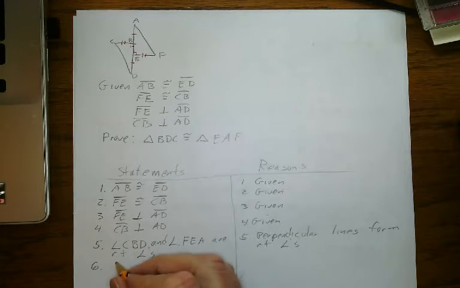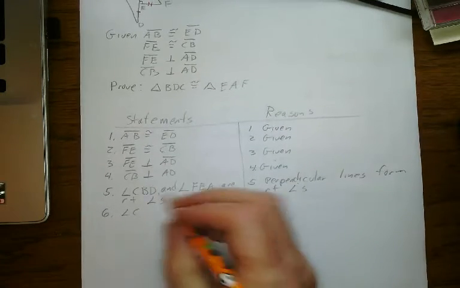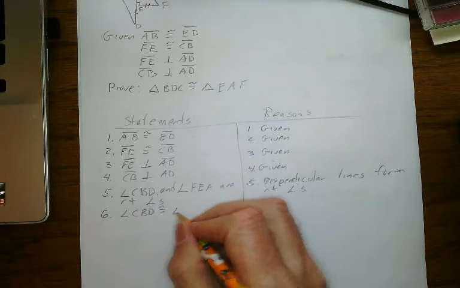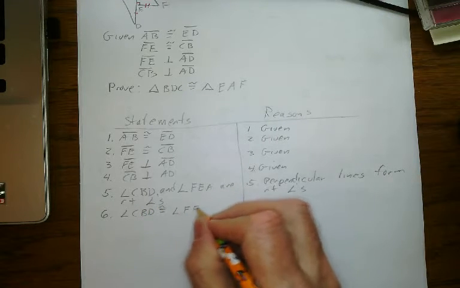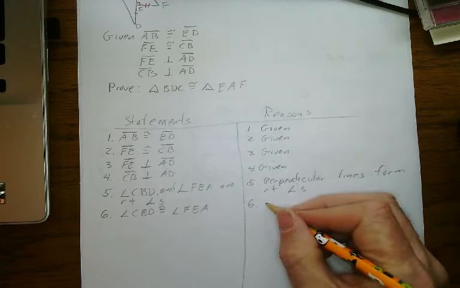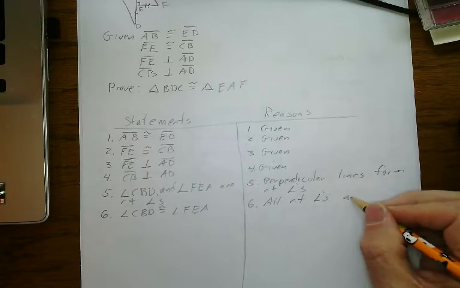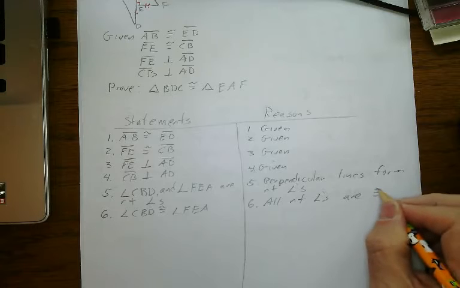And we also know that those two angles are going to be congruent. Angle CBD is congruent to angle FEA. All right angles are congruent.